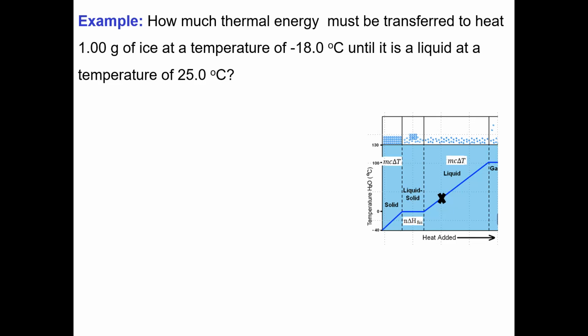So we're going to heat something from minus 18 up to 25. We're going to be starting with a solid and ending with a liquid. So you can see that what we're going to have to do is 2 MCATs and an n delta H, right? So we're going to have to calculate 3 lots of heat and then add those heats together.